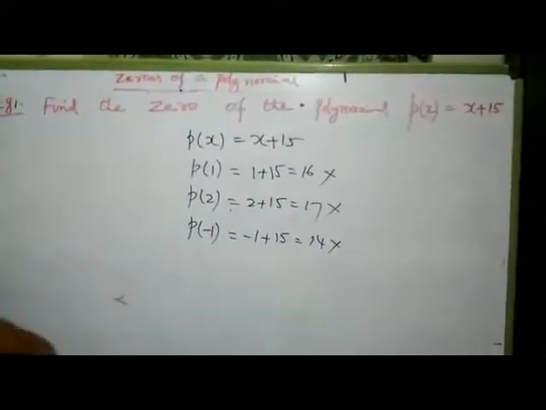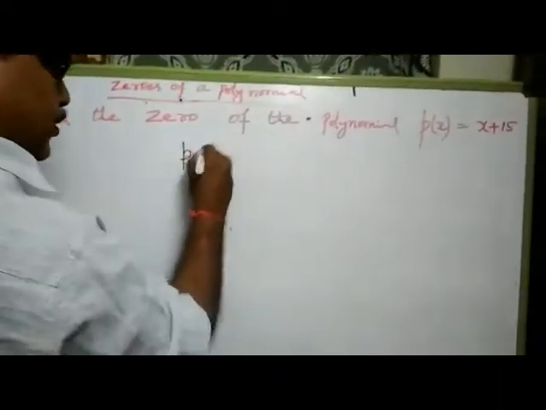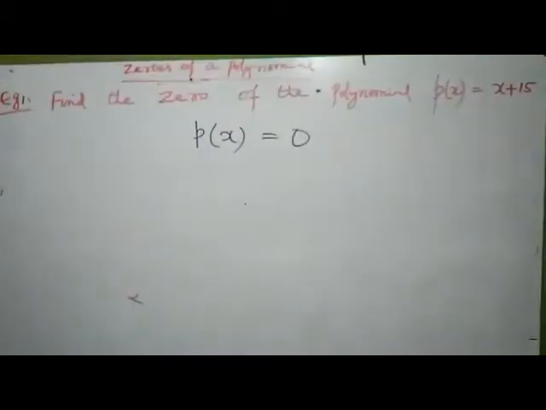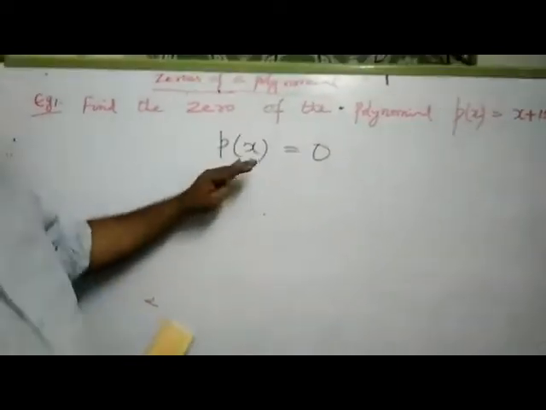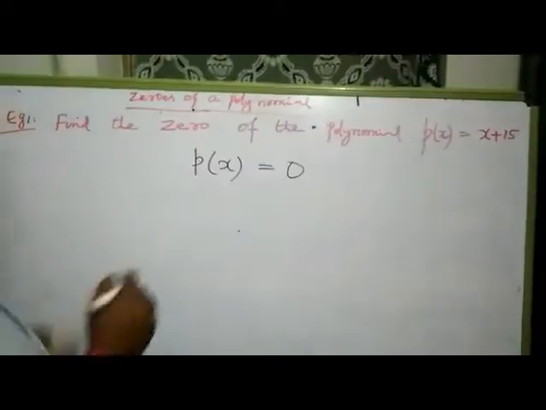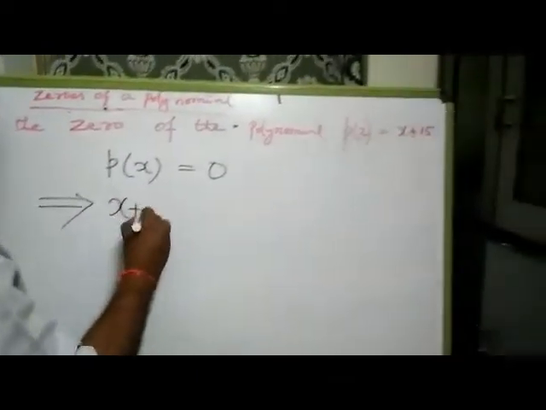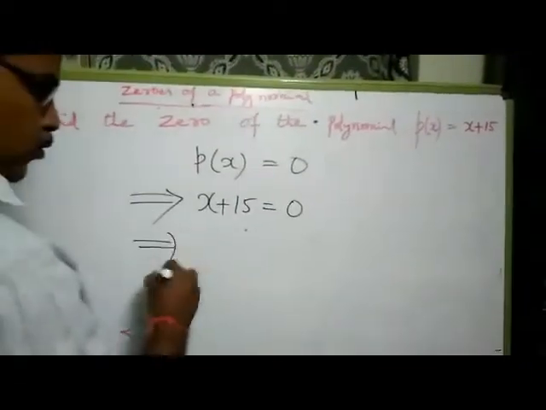No need to check like this. Directly we have a formula: p of x should be equal to 0. Then only you will get the root of the polynomial, the zero of the polynomial. That implies p of x, which is x plus 15, is equal to 0.